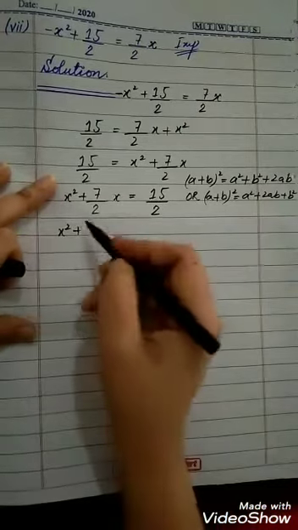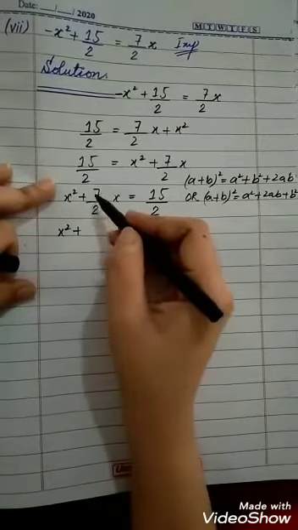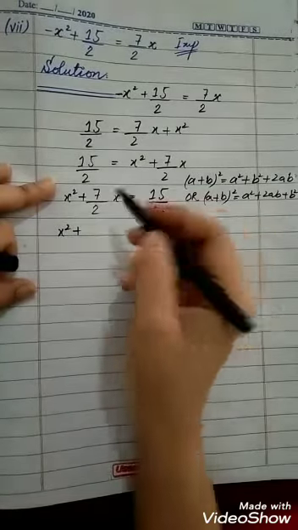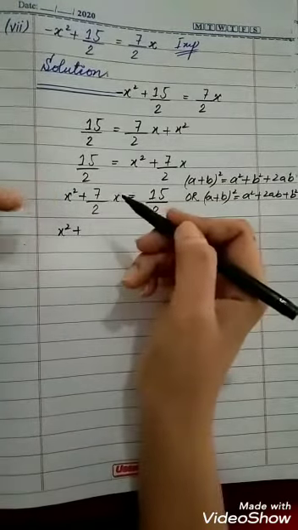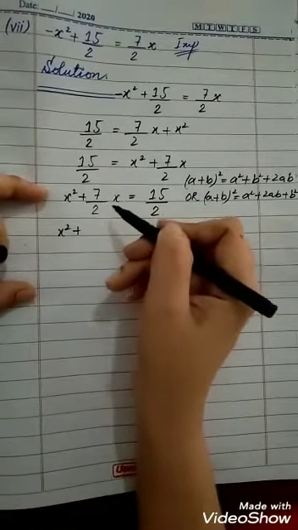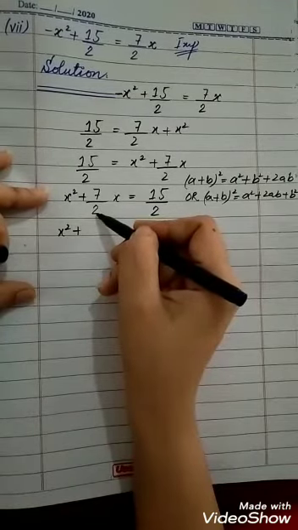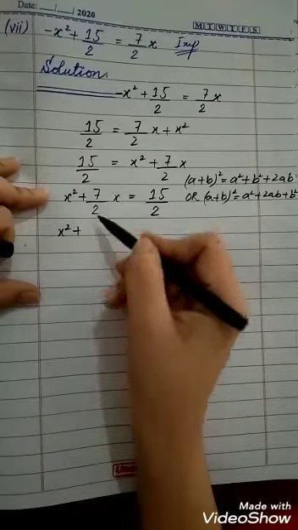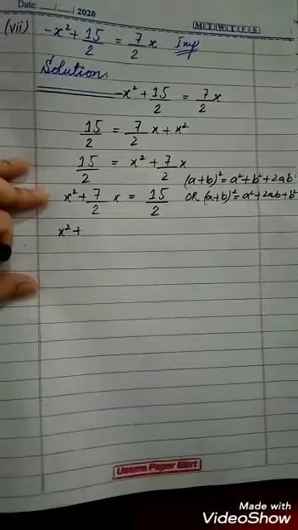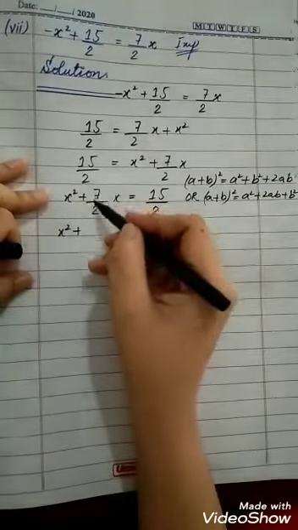No difference is there. So x square plus, here we need 2, but 7 is not divisible by 2. So what to do? Some students commit this mistake, that they take 2 common from the denominator. No students, we will never do this, because that is the denominator. 2 could be taken common from the numerator, but here we can't do that.